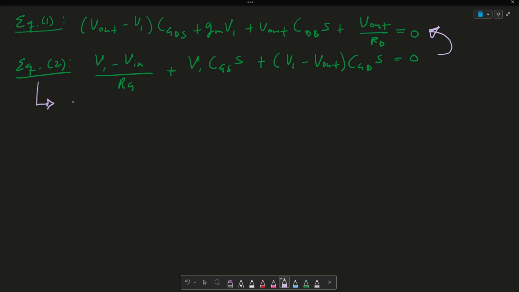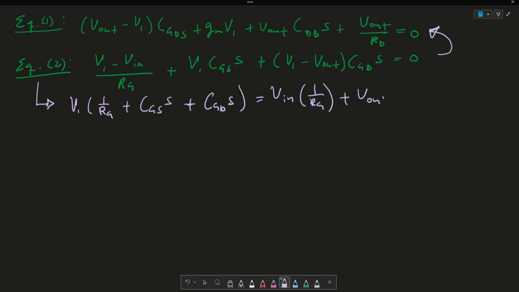Then I can say that V1 times 1 over Rg plus CGS times S plus CGD S has to equate to Vin times 1 over Rg plus Vout CGD S.